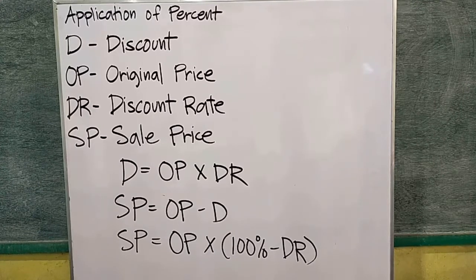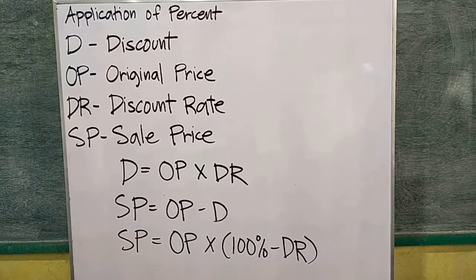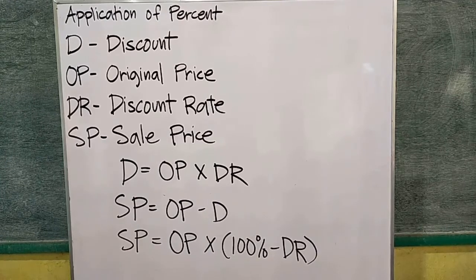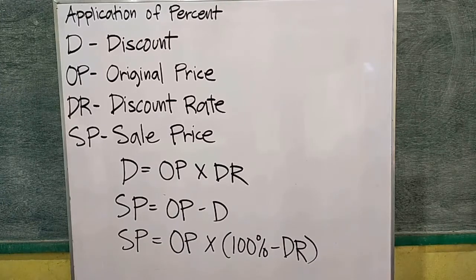OP or original price is the regular price charge of the item. DR or discount rate is the percent taken off from the original price, while SP or the sale price is also known as the net price or discounted price. It is the price of the item after the discount has been deducted.